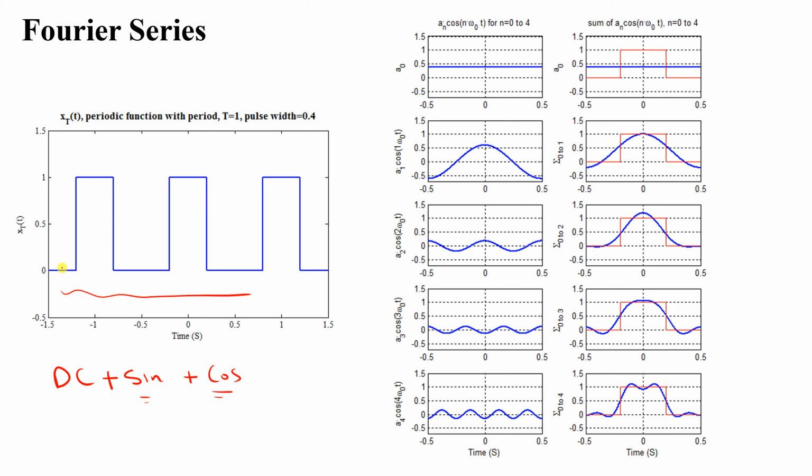You'll find that this one consists of a DC component that pushes it up. This is our original signal and this is the DC component present in it. Now let's say we found the first component at omega naught, the fundamental frequency, using Fourier series, having this shape. Now let's take this and add this.